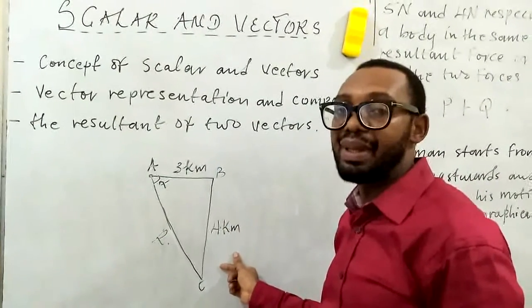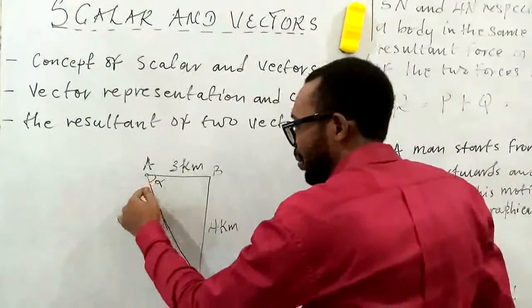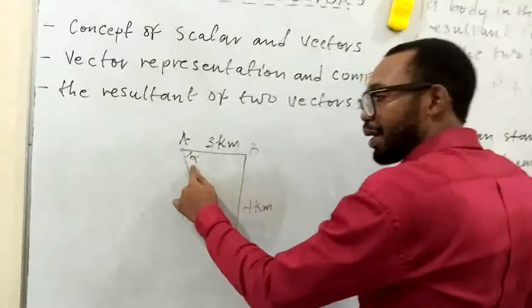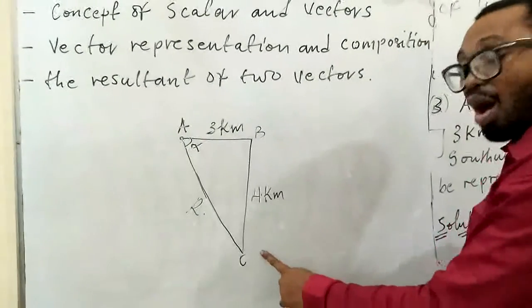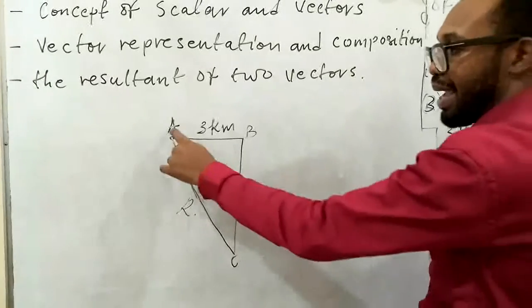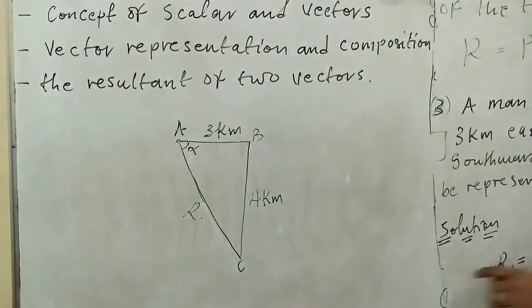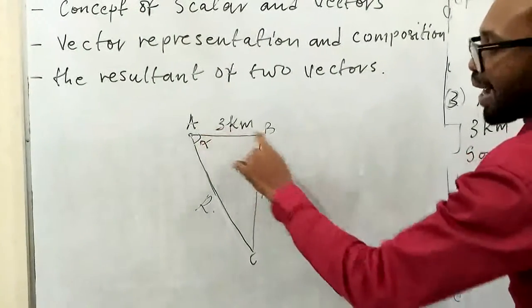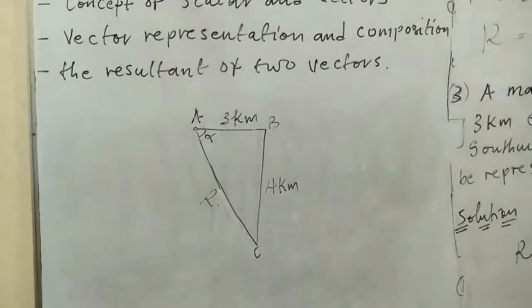Opposite. I take that again. If it sustains an angle alpha this way, BC becomes opposite, whereas AB is what? The adjacent. So if we have adjacent and opposite. What's that?